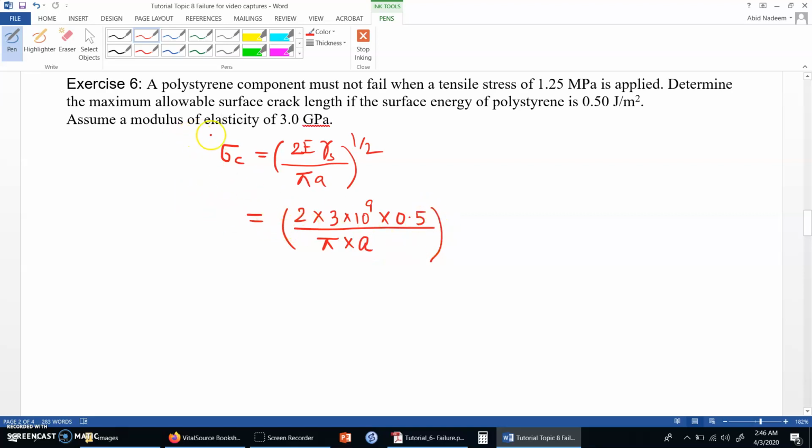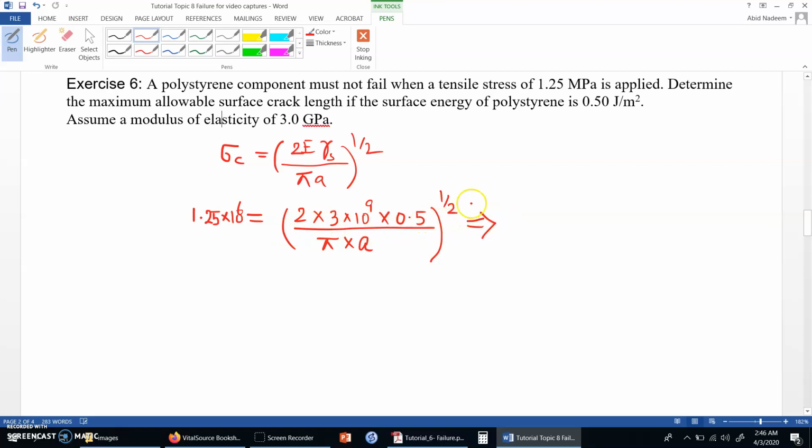The critical stress, the limiting stress, here will be 1.25 megapascal. Since we are converting those values into pascal, it will be 10^6 over here. So I think we need to solve this equation.